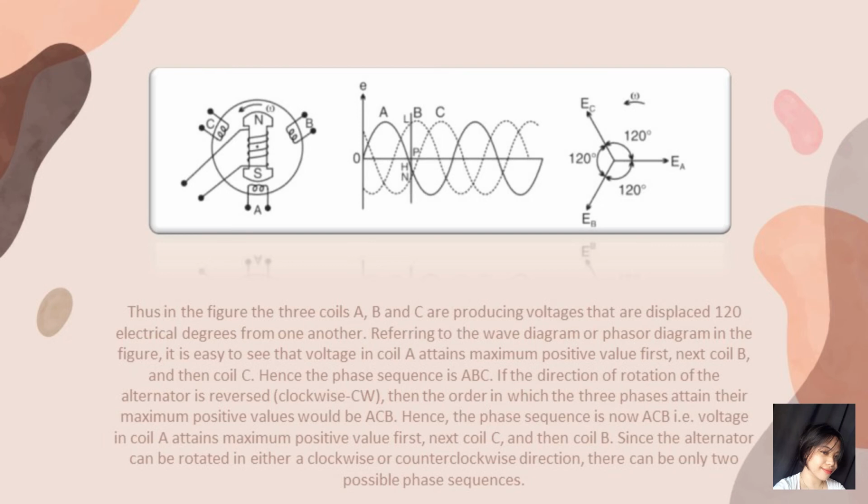In that case, the phase sequence is RYB, thus the voltage in phase R attains its maximum positive value first. Next is phase Y and then phase B. It may be noticed that there are only two possible phase sequences, RYB and RBY. By convention, sequence RYB is taken as positive and RBY as negative.